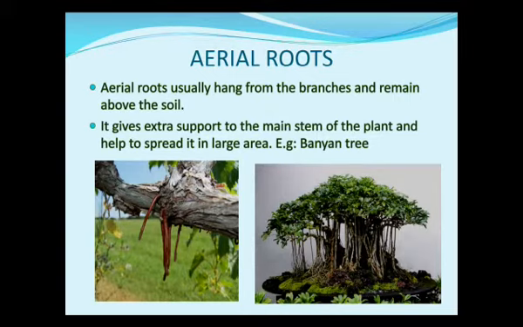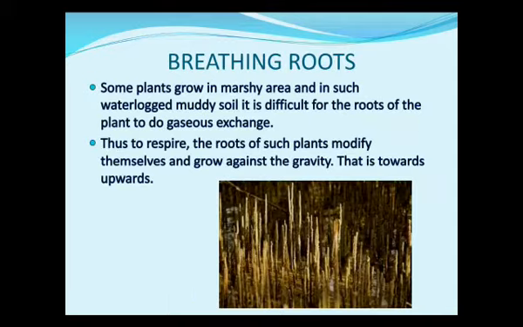There is one more kind of root which is going to amaze us, that is the breathing roots of mangrove plants. Yes, a kind of plant called mangrove is generally grown in boggy area, marshy area, means muddy soil, where water is locked. So in such areas, it is difficult for the roots to do the gaseous exchange, to respire.